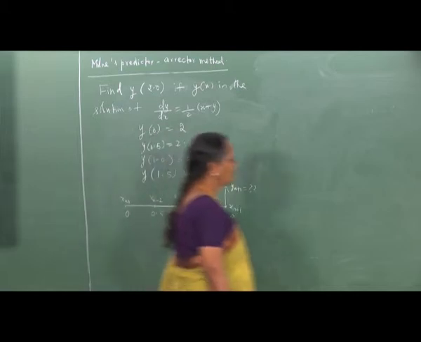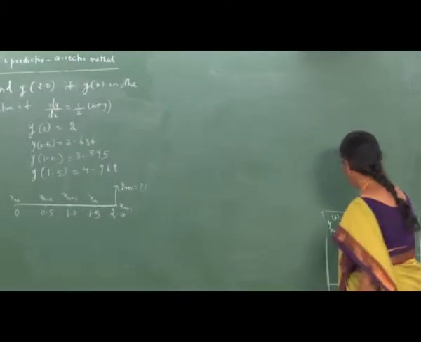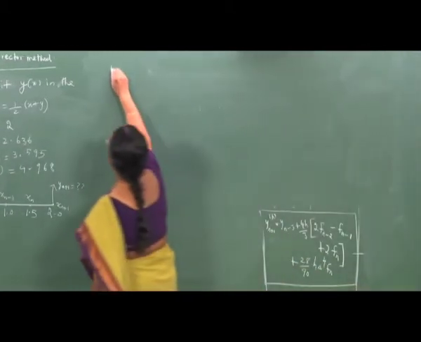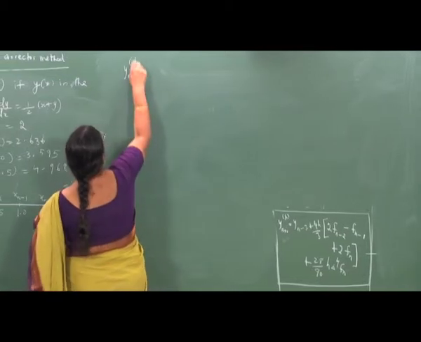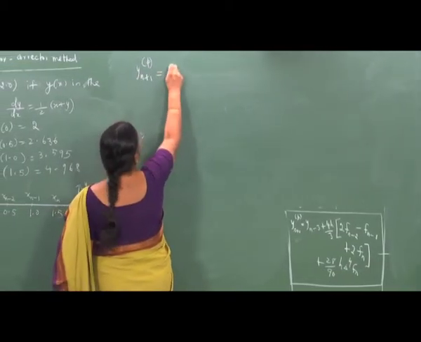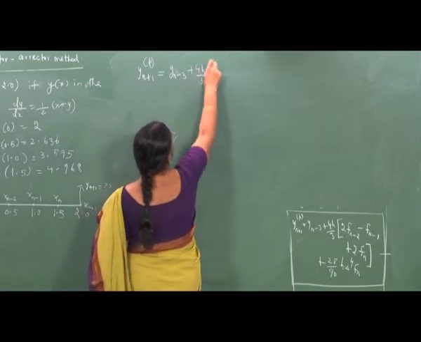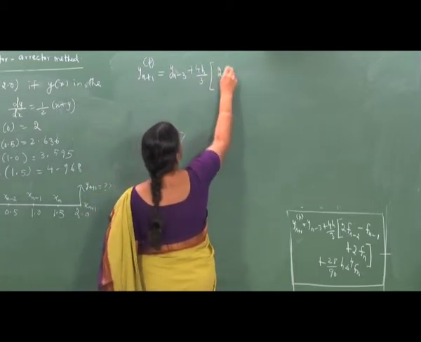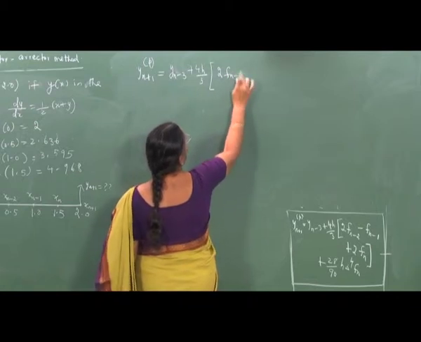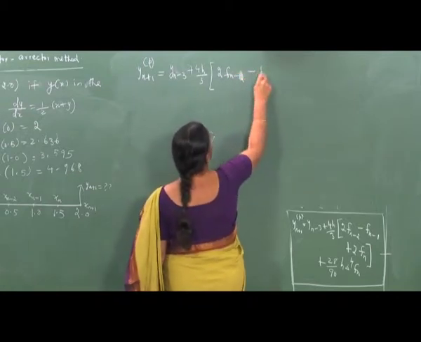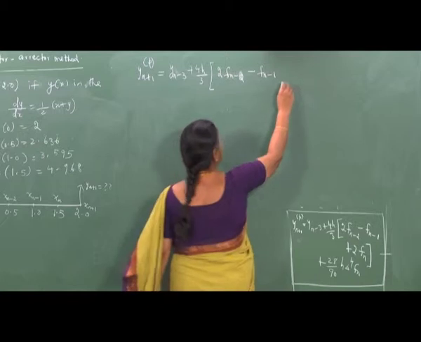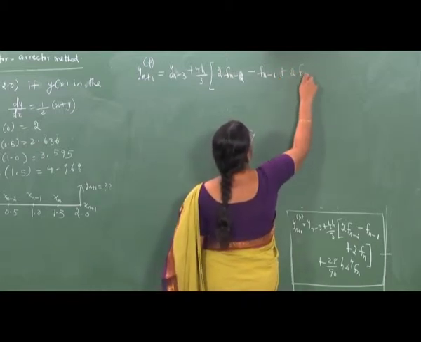So, we use the predictor given by yn plus 1 predictor is yn minus 3 plus 4h by 3 into twice fn minus 2 minus fn minus 1 plus twice fn.